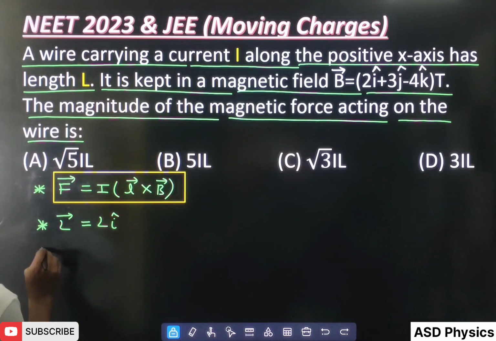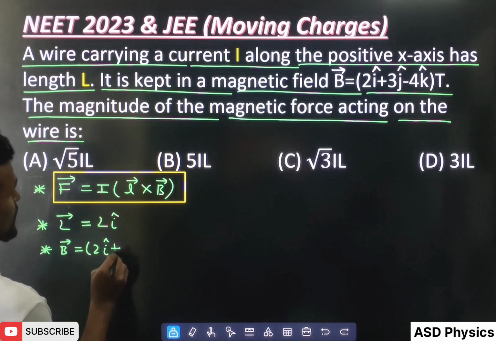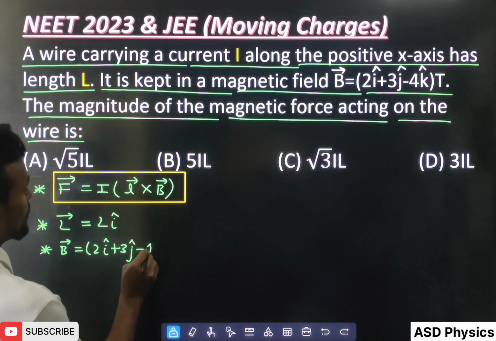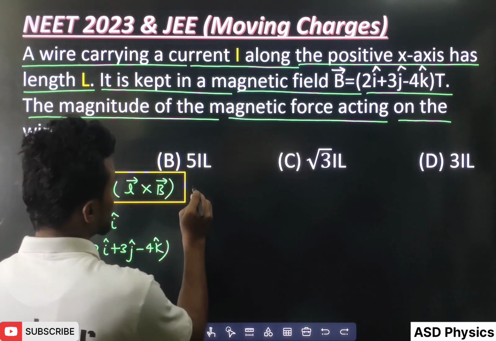Next, the magnetic field is given here: 2i cap plus 3j cap minus 4k cap. Now we will use this formula.